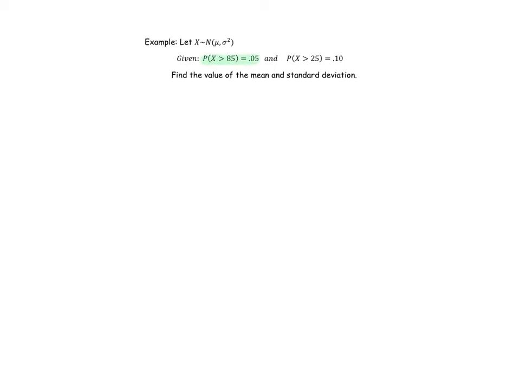Okay, so let's look at two curves. I got my non-standardized curve. Oops, that's way off. There's mu. Let's say that this here is 85. This looks somewhat proportional. And let's say that this area here, the probability that x is greater than 85, is 0.05.